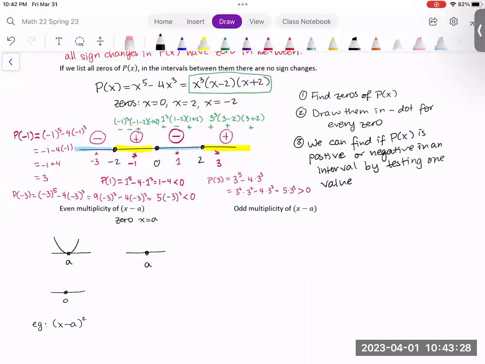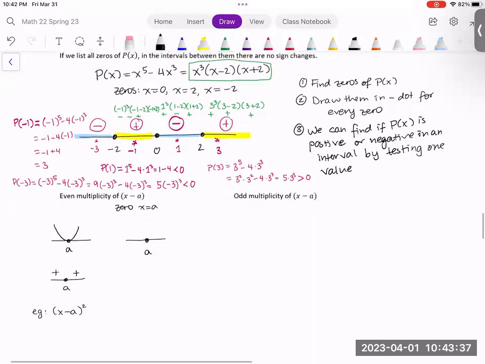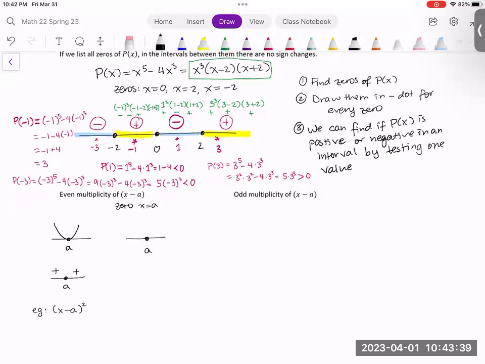So our sign chart, when we have an even multiplicity, is going to look like plus on both sides of a. When this happens, we'll say that we touch the x-axis, or that we bounce at a.